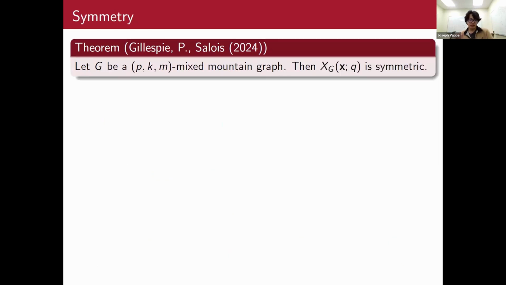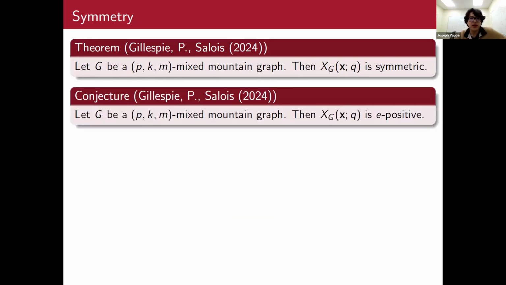Okay? So then we show that this family of mixed mountain graphs gives rise to a symmetric chromatic quasisymmetric function. So this is an entirely new family of graphs that are known to have a symmetric CQF. And given our question earlier about e-positivity, it's a natural question to ask whether these things are e-positive.